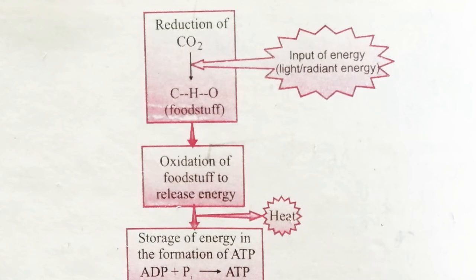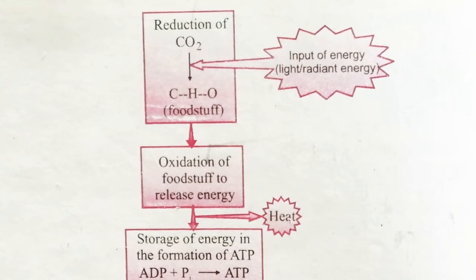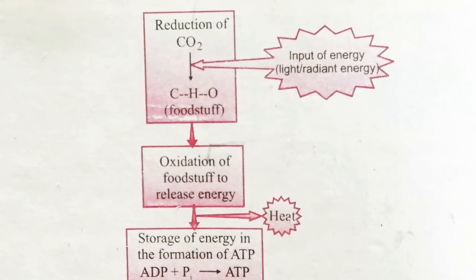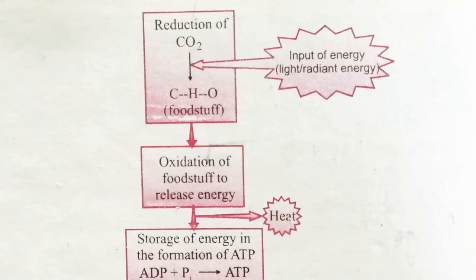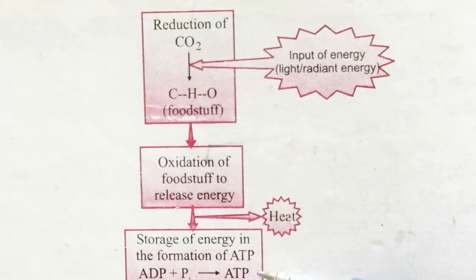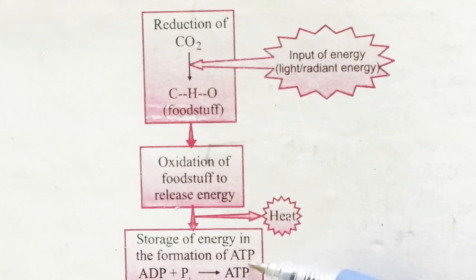Pi is for inorganic phosphate, P for phosphate, I for inorganic. So ADP combines with inorganic phosphate to form ATP once again, that is adenosine triphosphate. And in the form of ATP, the energy is stored, that is potential energy is stored in the body of the living organism.